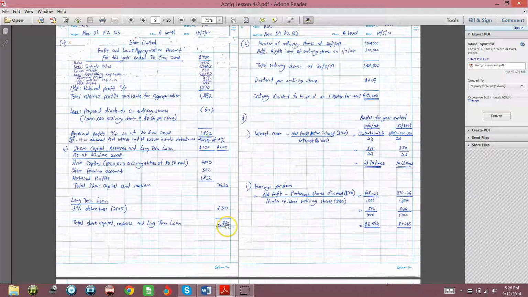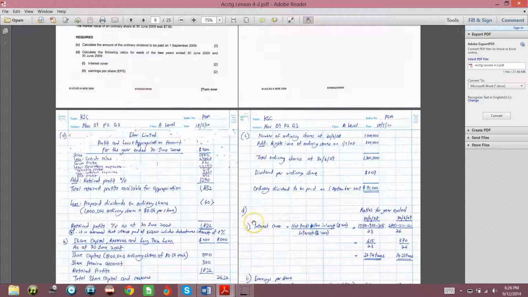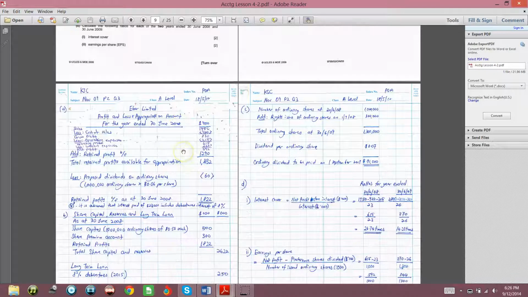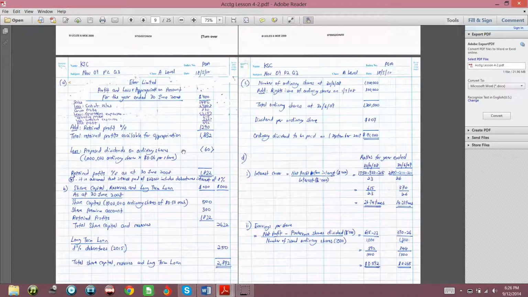Okay, then part C. It says here the following figures relate to the next year, 30 June 2009. So what is the question asking? Calculate the amount of ordinary dividend to be paid on 1 September 2009.